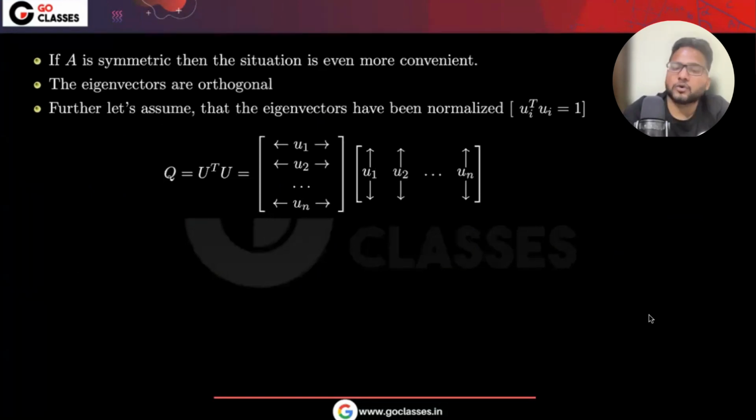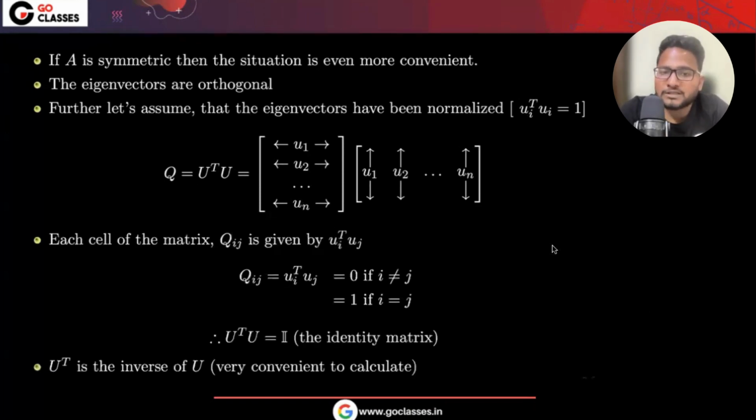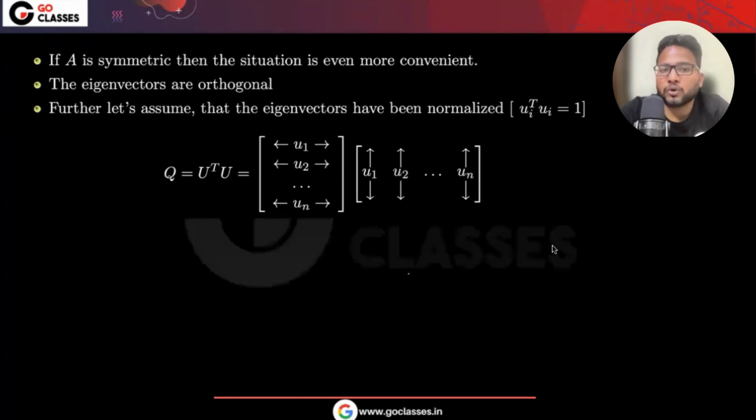So in a symmetric matrix, eigenvectors are always orthogonal, or let's assume that we normalize them also. Normalize means we divide by their norm, the length of the eigenvector. Then it will be normalized. So let's compute this: if U is normalized, then U transpose U will be the identity matrix, right?